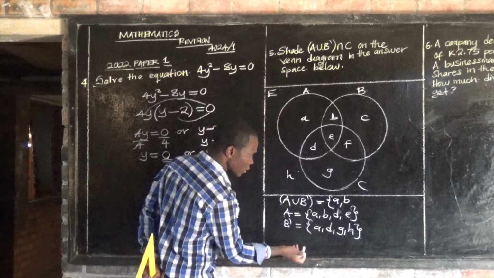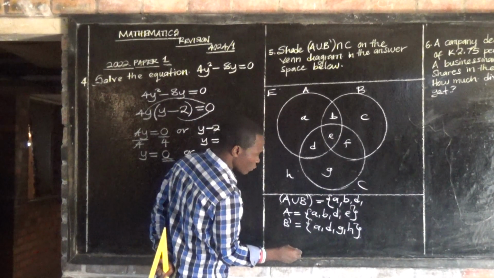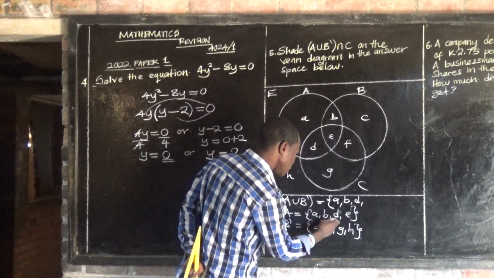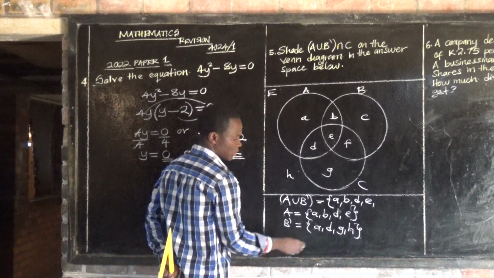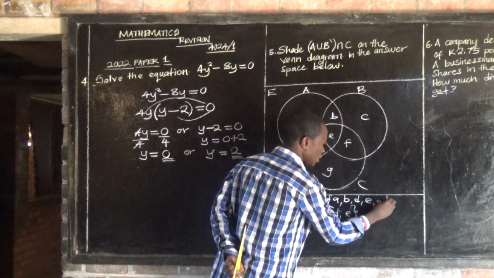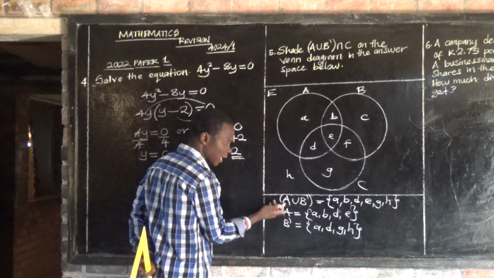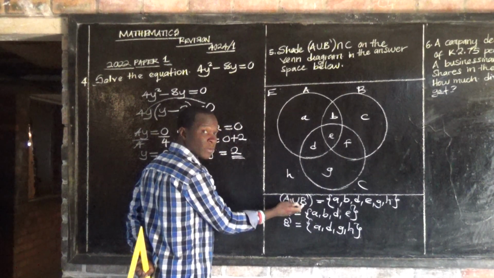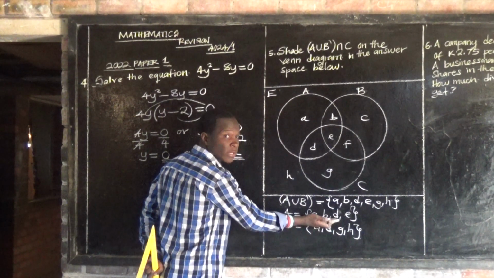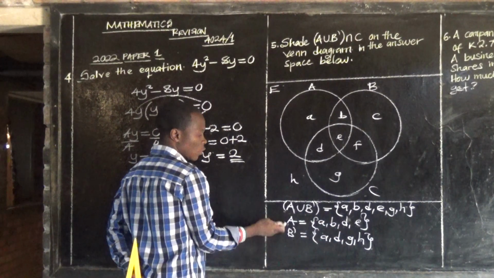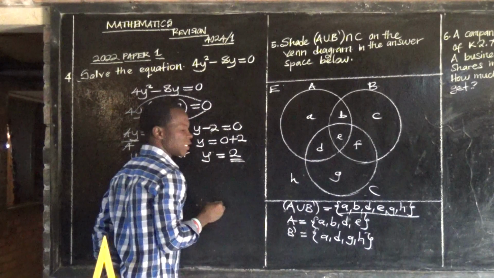Then E, G, and H. I'm just combining what is found in A and what is found in B complement, because of this union. Are we together? So this is the list for A union B complement.